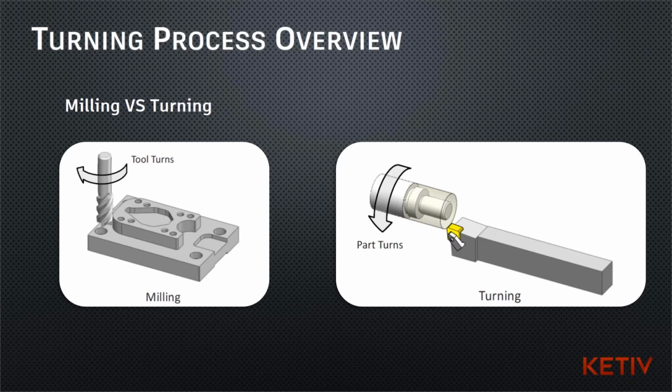Whereas in turning, the part is the one that's rotating, and you have some sort of tool going in, removing material and making chips. That's a basic overview of the two different types of machining. Again, that's just the general overview. There are a lot of configurations when it comes to machining, but these are your most basic ones.